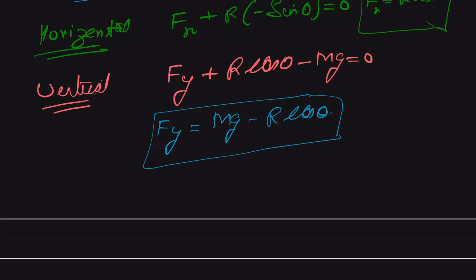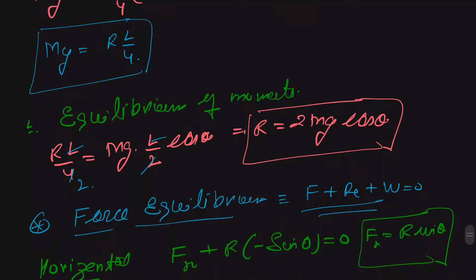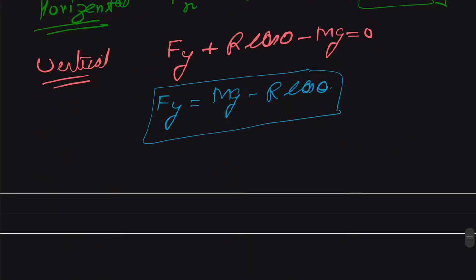And we know that R is equal to 2 mg cos of theta. Therefore, substituting it, we get that F of y is equal to mg minus twice mg cos square theta.